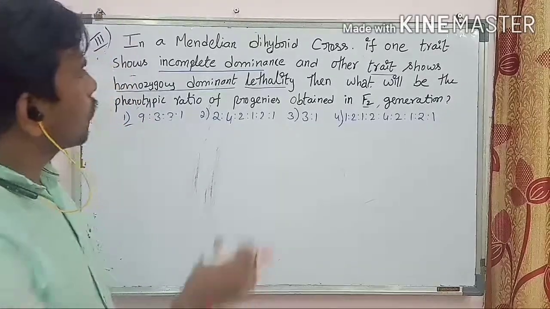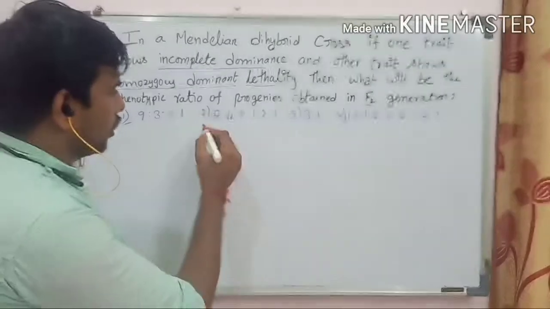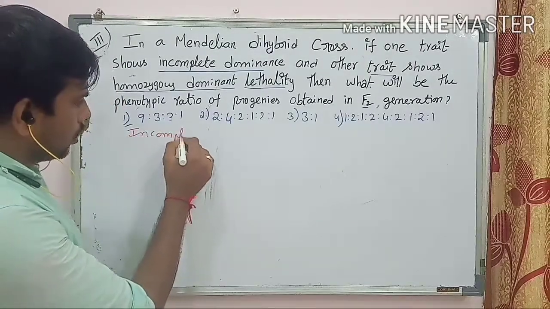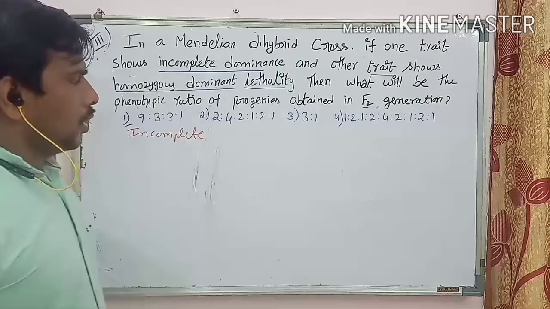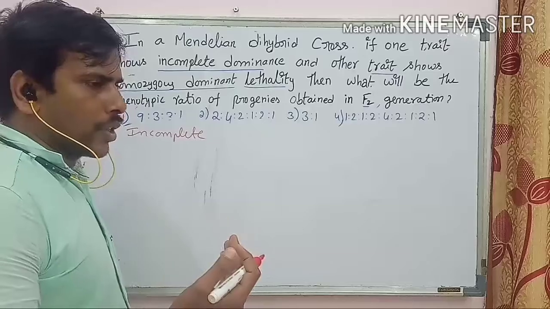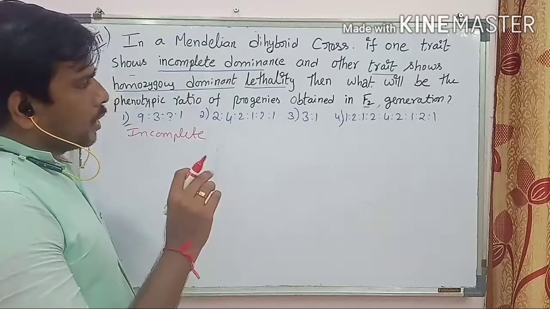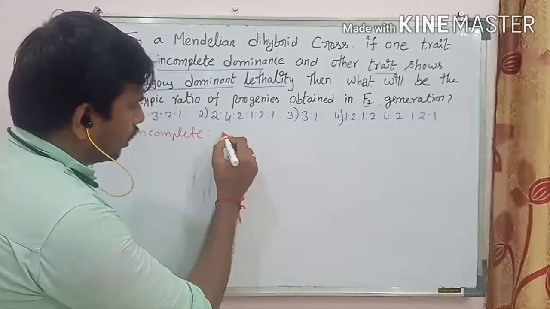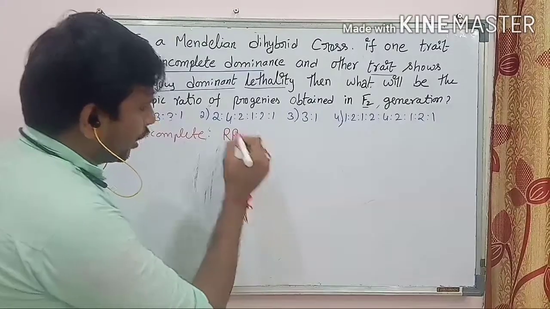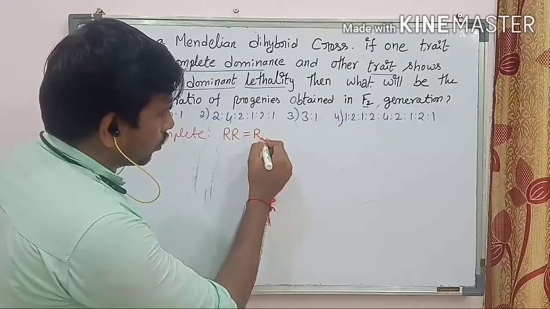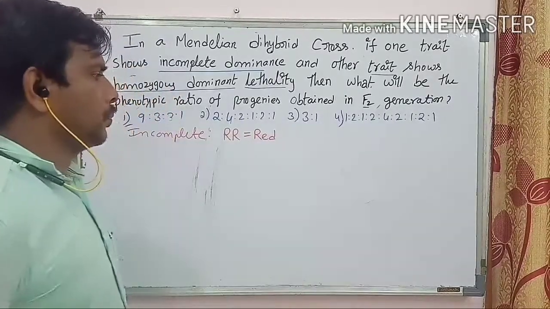The first thing is incomplete dominance. As you know, instead of recessive and dominant expression, we get another phenotype. For example, take the allele capital R. When it is capital R, capital R, it gives a red color phenotype.